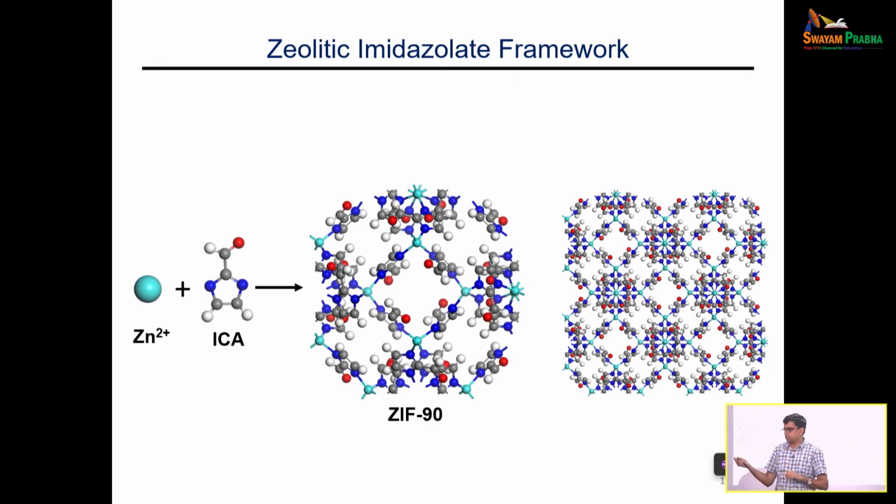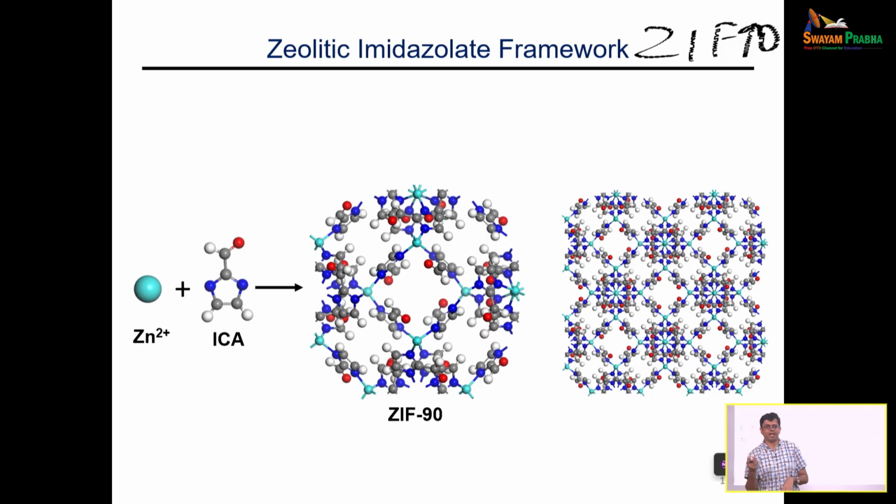So if you change the metal and if you change the linkers, you can make literally millions of them, and I think millions have already been made or at least predicted. The example that I am showing you is one particular MOF called ZIF 90, and ZIF stands for zeolitic imidazolate framework. It is a class of MOF.